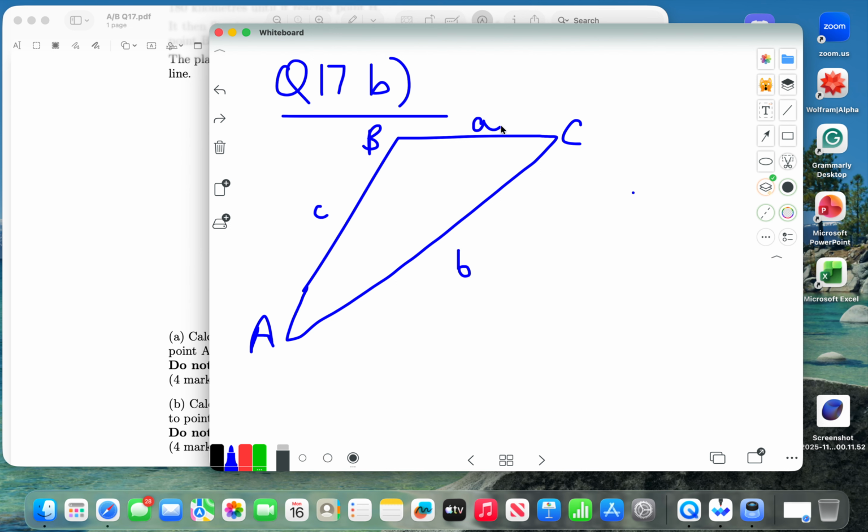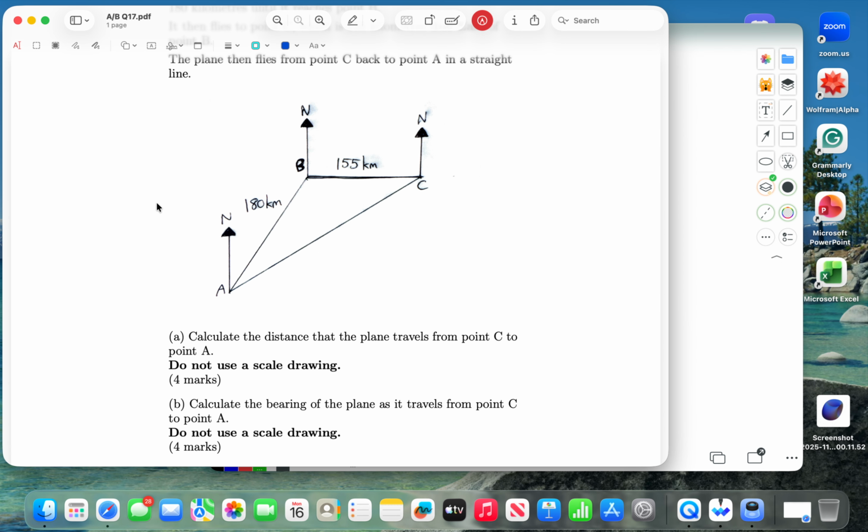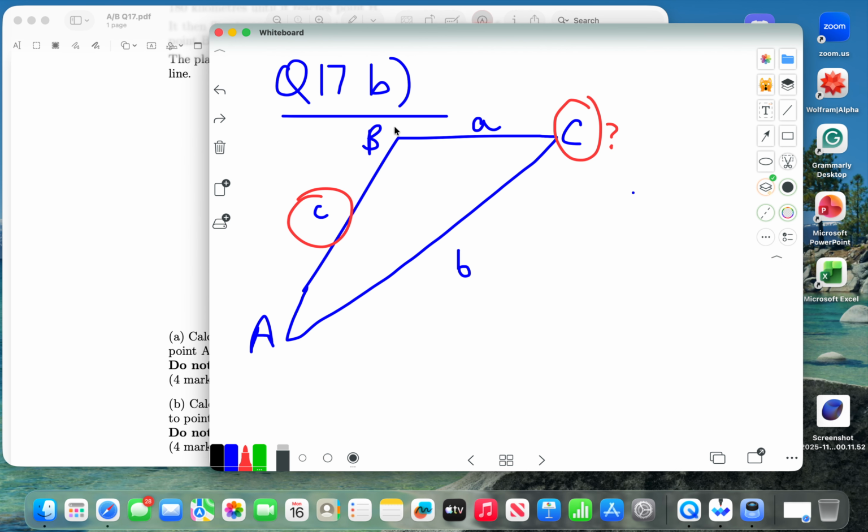I explained the convention about the letters in the last video. Make sure you understood that. But we know this, and we want to find this. We also know this, and we know this.